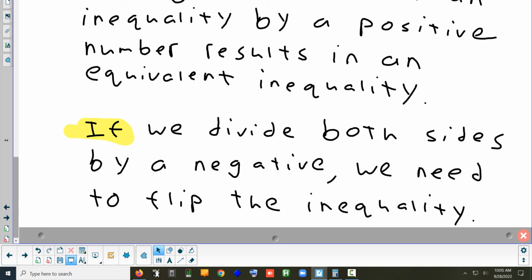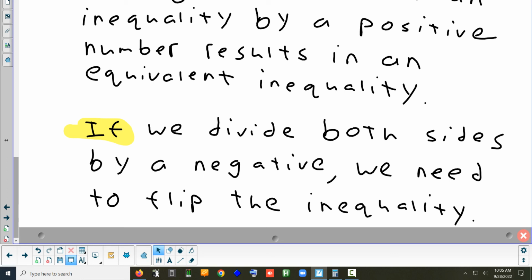You just have to remember to flip it. So if you divide both sides by a negative, you have to take the sign and flip it.